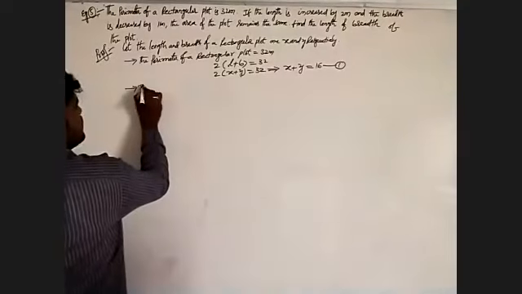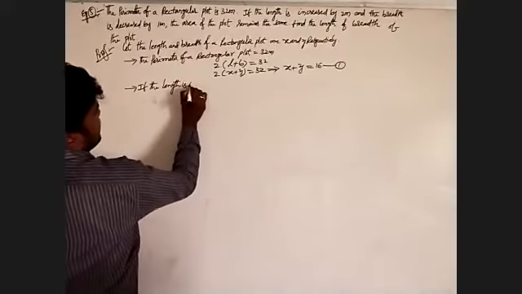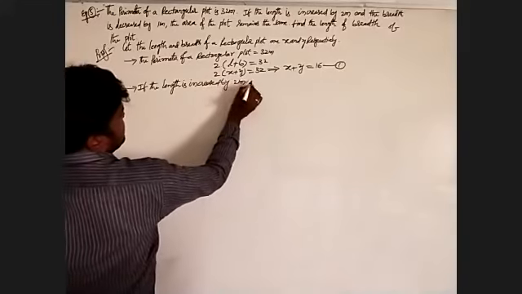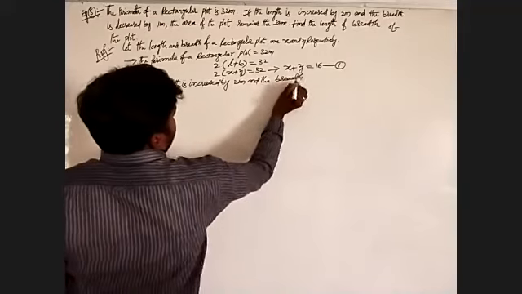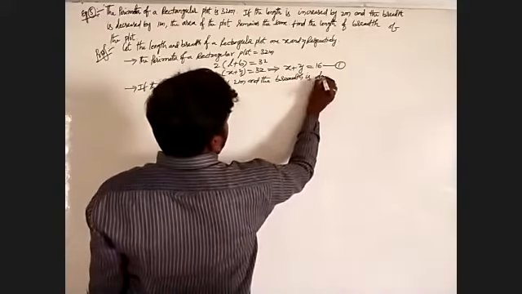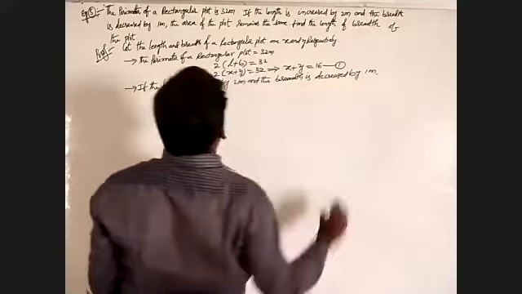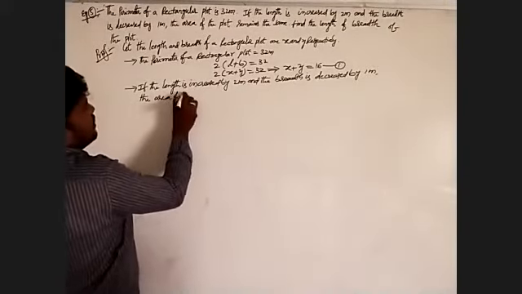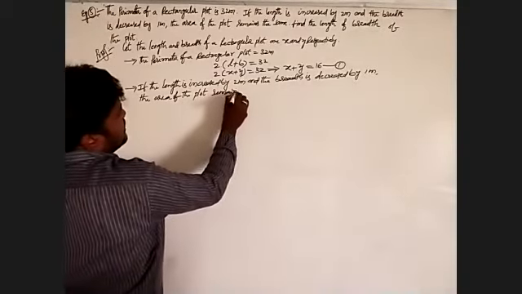After that, what is the condition given? If the length is increased by 2 meters and the breadth is decreased by 1 meter, the area of the plot remains the same.